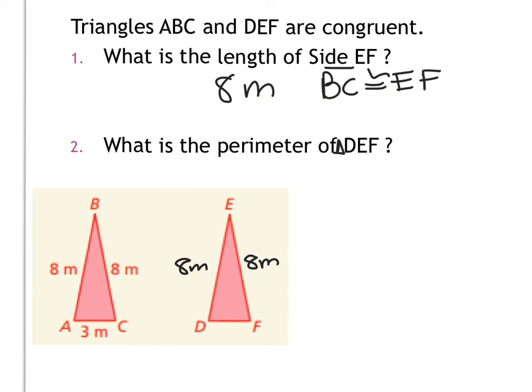And then AC is congruent to DF, so that one should be 3 meters. Now the word perimeter means to add up all of the sides, and it gives us our total distance around, in this case, the triangle. So we go 8 plus 8 is 16, plus 3 gives us 19 meters.